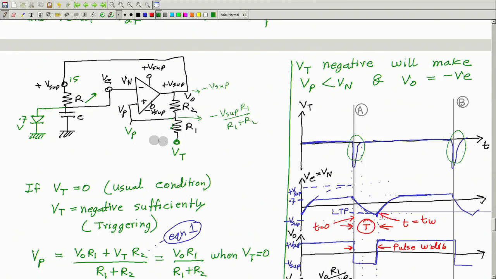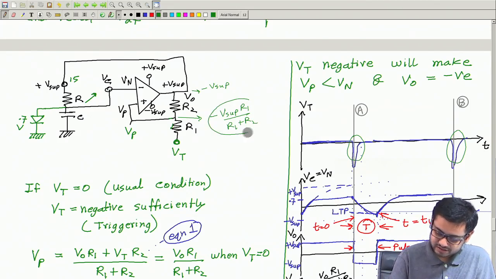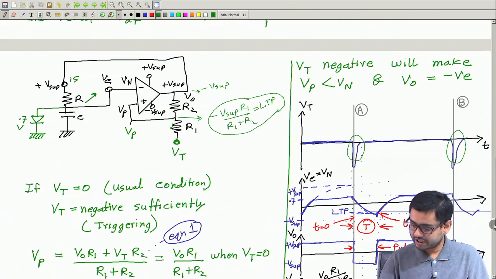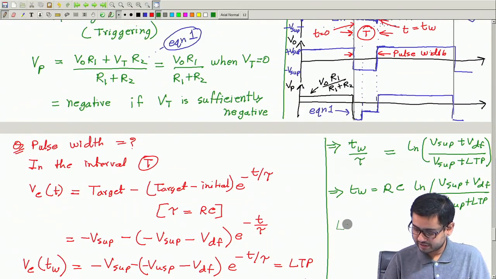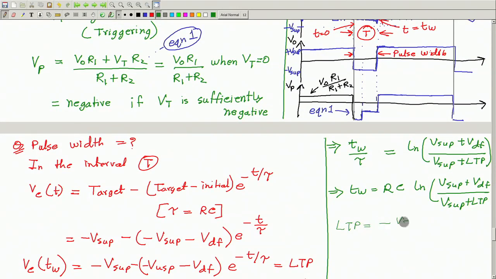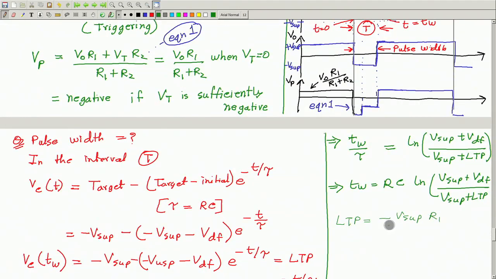I am doing it quickly because we did it many times. You have to bring Vc lower than this voltage Vp, which is the same as this. So, this is the lower trigger point. LTP is equal to minus V supply R1 by R1 plus R2.